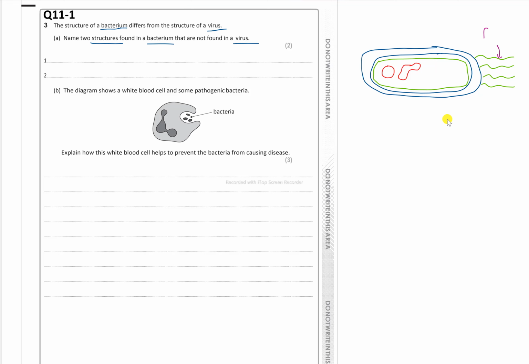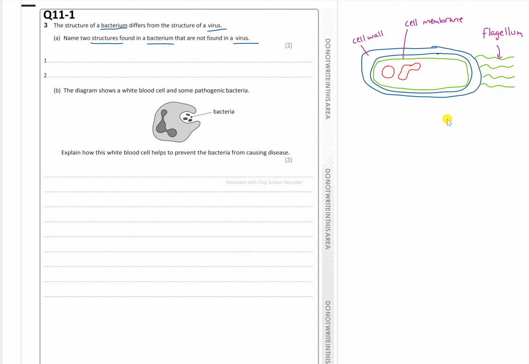That is flagellum. This here is the cell wall. That there is the cell membrane. Don't just put membrane. Get into the habit of putting cell wall and cell membrane.